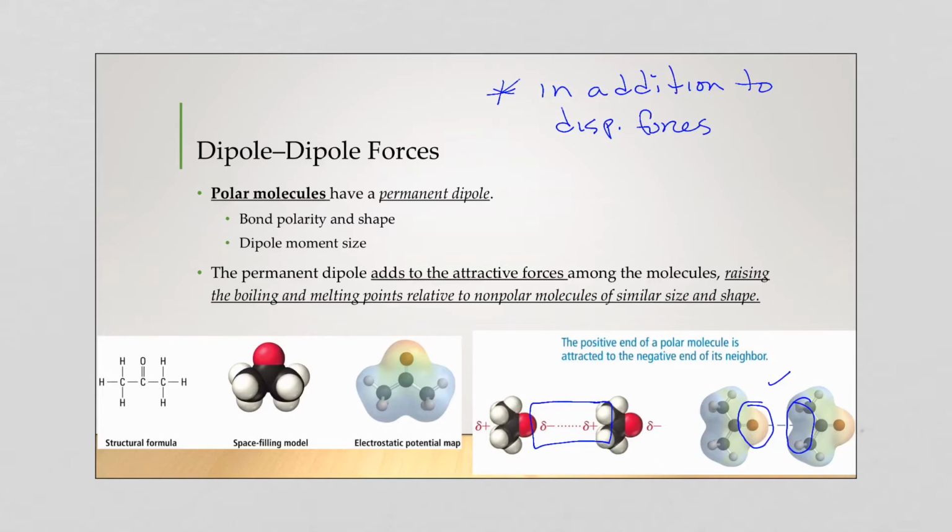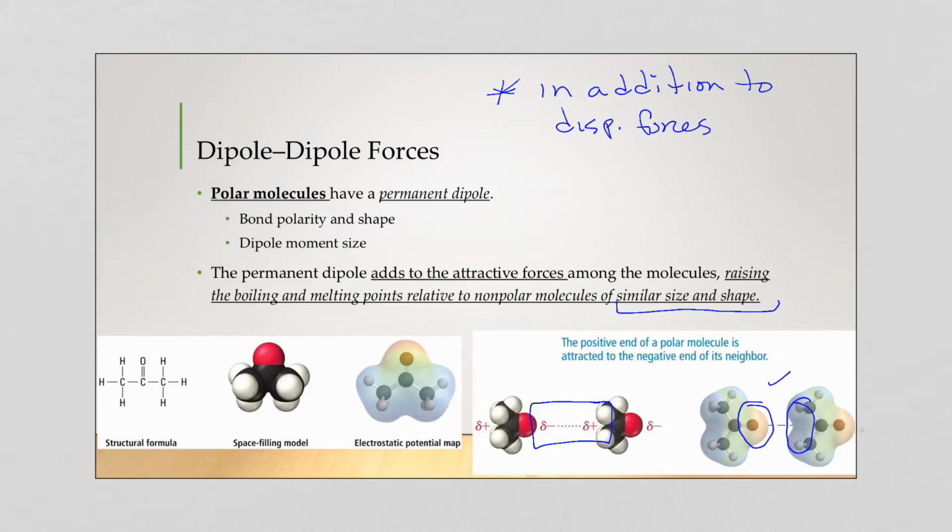And of course, this means that polar molecules will have higher boiling points than non-polar molecules when we compare molecules of similar size and shape. Now, why do they have to be similar size and shape? Because remember, size and shape are the things that will determine the strength of the dispersion forces.